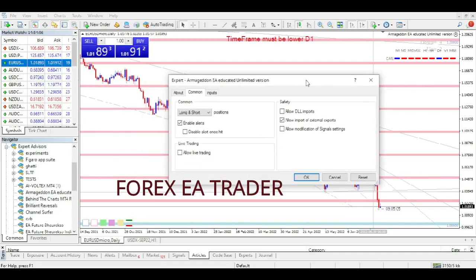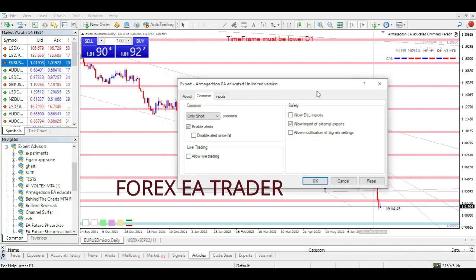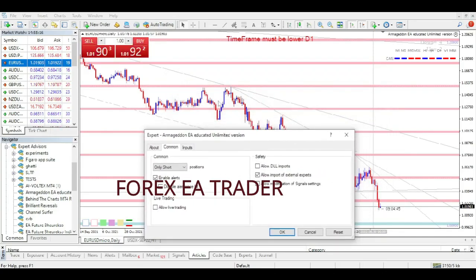What you want to do when you come with your robot here, where this is actually MetaTrader 4, but you can basically apply the same rules for MetaTrader 5, is you want the robot to only sell. Why would you let the robot buy in a downward moving market?